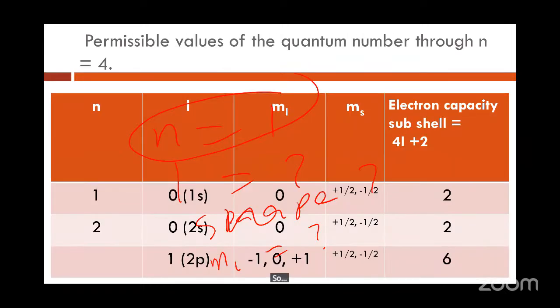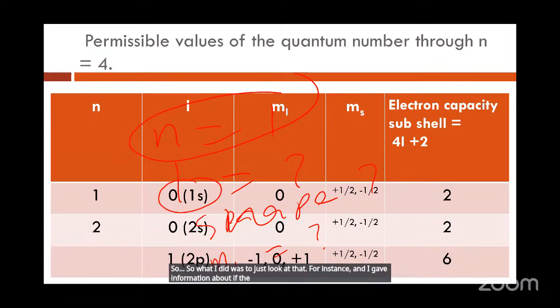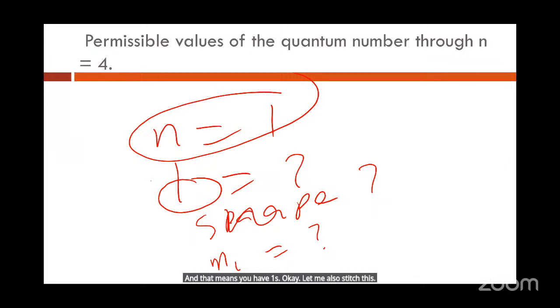So what I did was to look at that, for instance, and I gave information that if the L value is 0, then that means you have s. Let me also state this. If I tell you n is 2, for instance, then you'll be looking at the level being 2s, 2p.